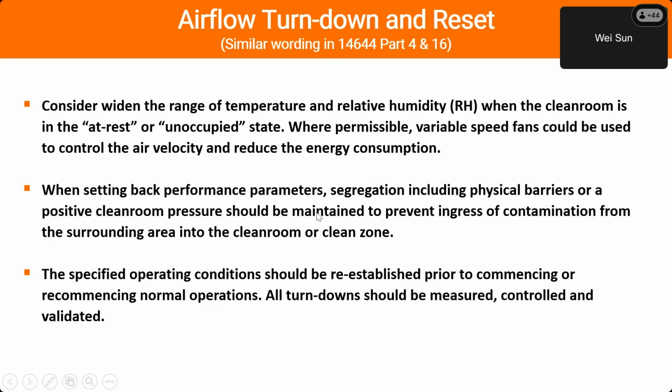When setting back performance parameters, segregation, including physical barriers or positive clean room pressure, should be maintained to prevent egress of contamination from the surrounding area into the clean room. So basically, to prevent particle migration from the hallway into the clean room.